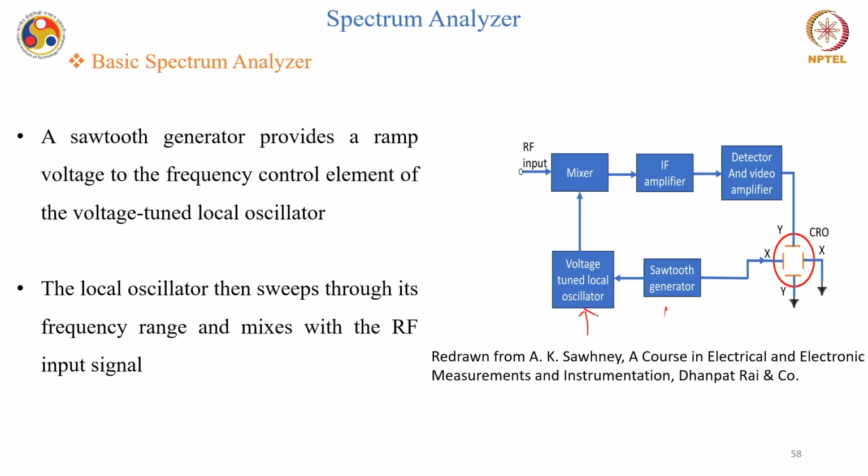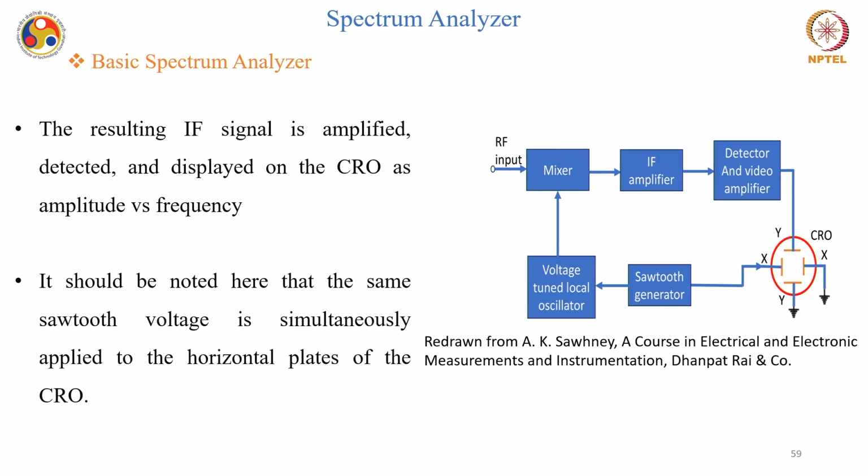The local oscillator then sweeps through its frequency range and mixes with the RF input signal, which is fed into the mixer. The resulting intermediate frequency signal is amplified, detected, and displayed on the CRO as an amplitude versus frequency graph. It should be noted here that the same sawtooth voltage which is generated by the sawtooth generator is simultaneously applied to the horizontal plates of the CRO, which is shown over here.